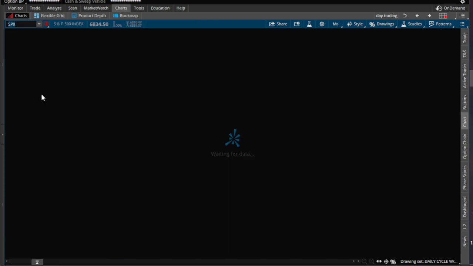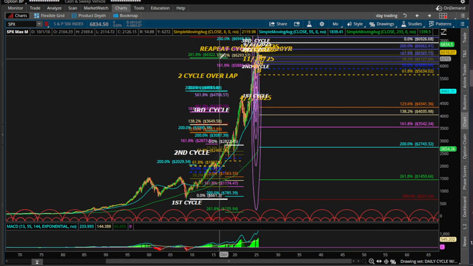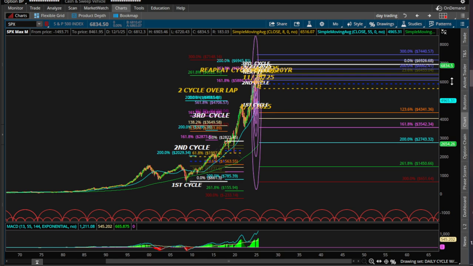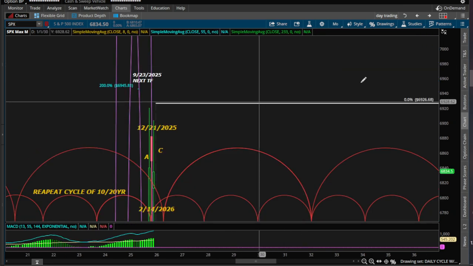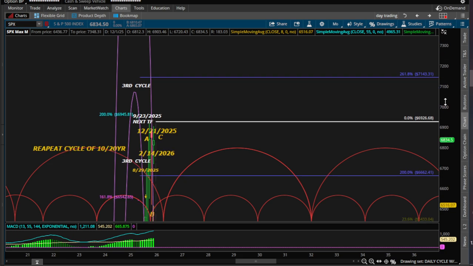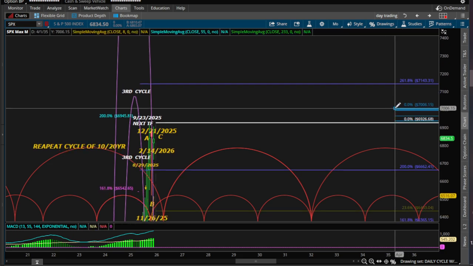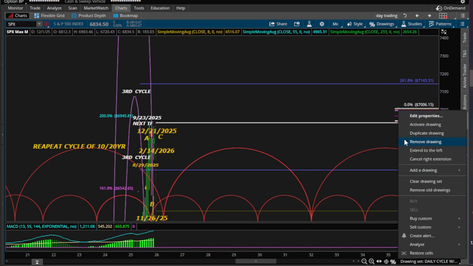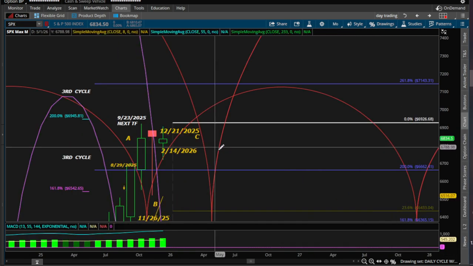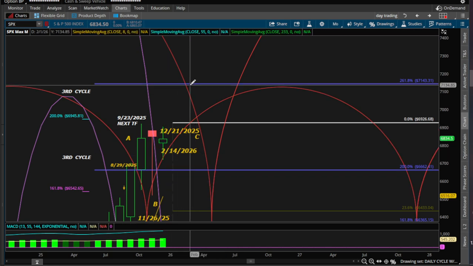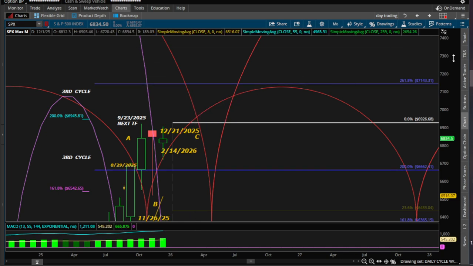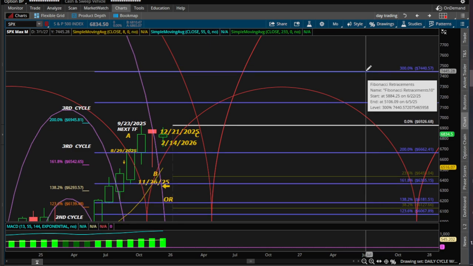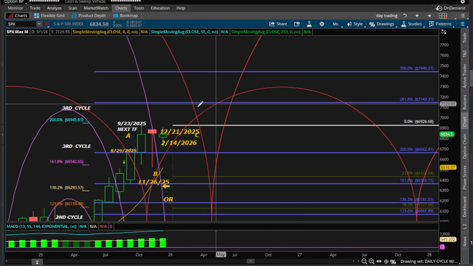If it'll let me. There we go. Well, there's that 71.48. So you can see here I've got some targets in the 7,000 area here, 74.40 and 71.43.